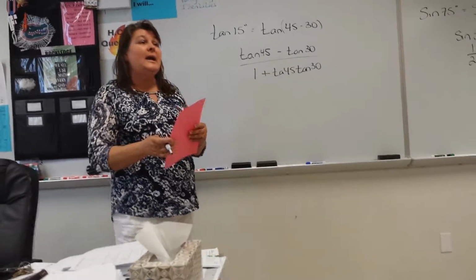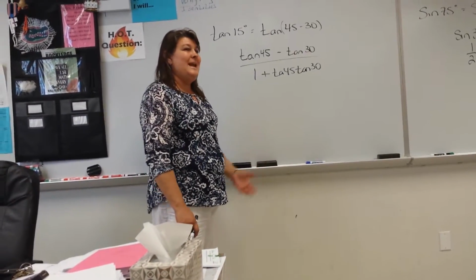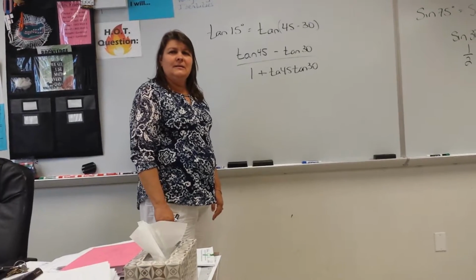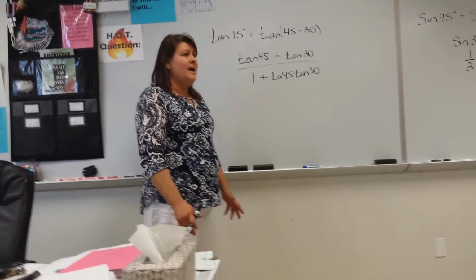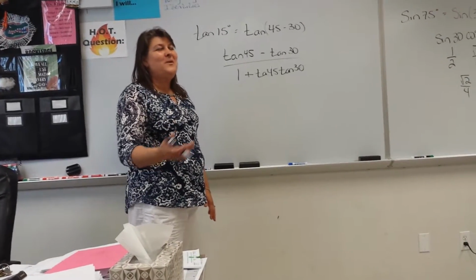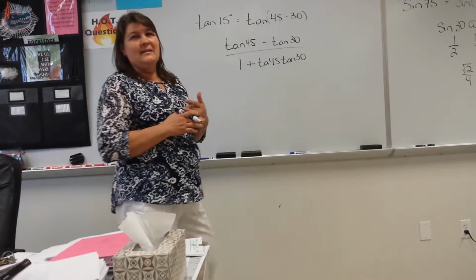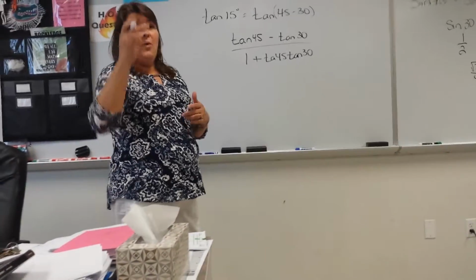So is everybody cool with that? Now, what is tan of 45? Do you remember how to get tan? Sine over cosine. What is sine again? Y. So tan of 45 is sine over cosine, which is y over x.